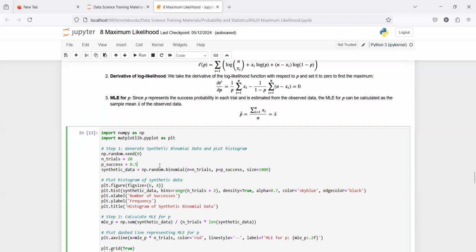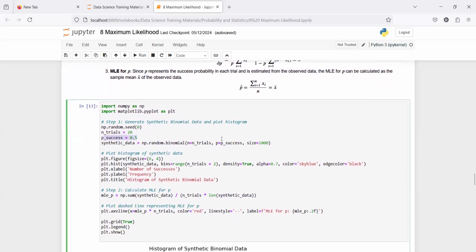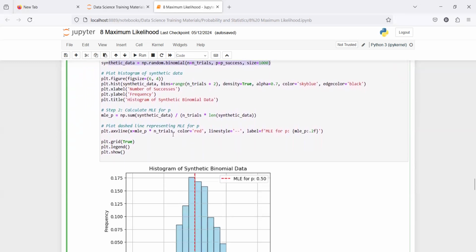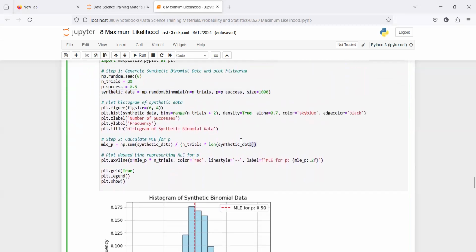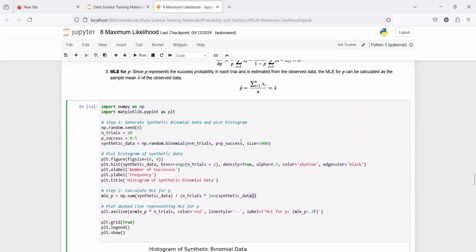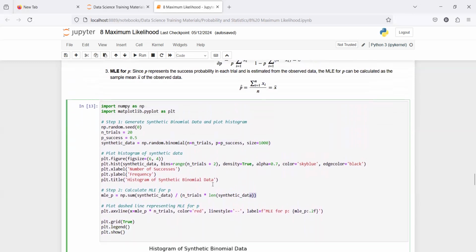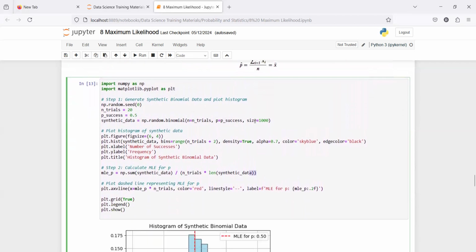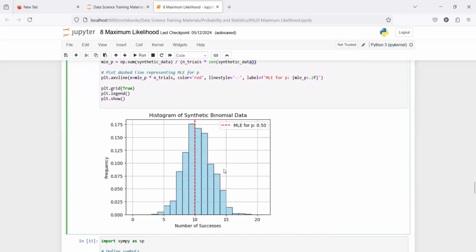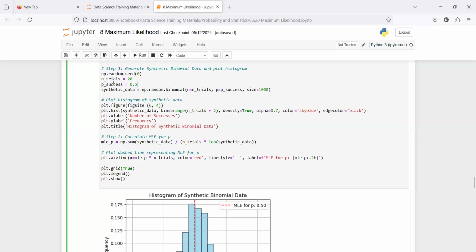Now, if we try this, the probability is 0.5, and we generate about 1,000 binomial random variables. Then we calculate the MLE p, which is basically just this term here. We get an MLE of 0.5, which is exactly the probability of success that was used to generate our distribution.